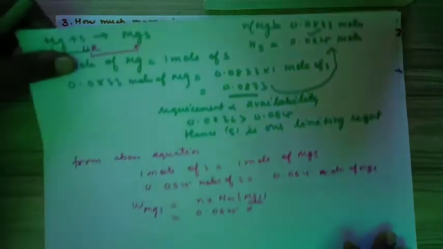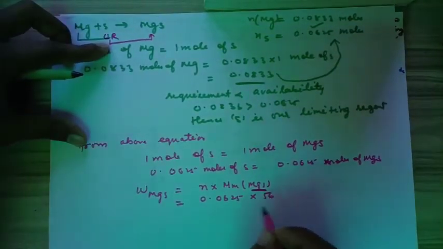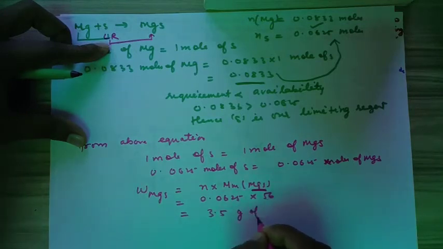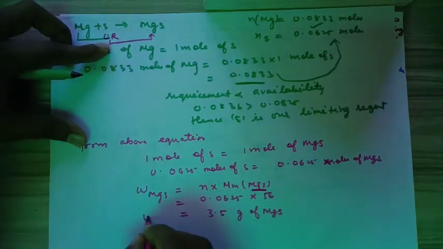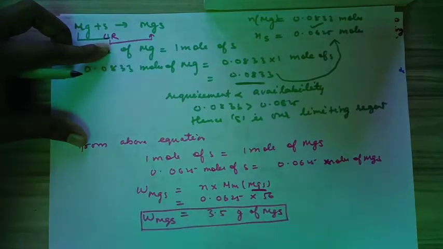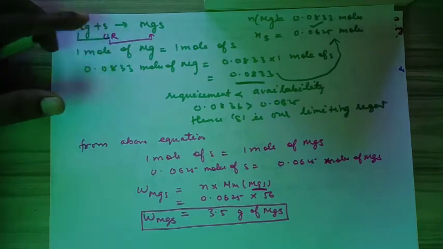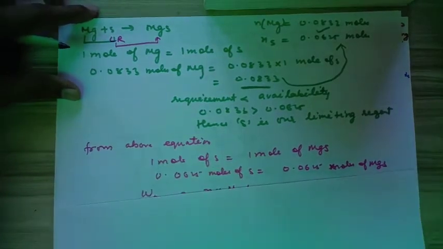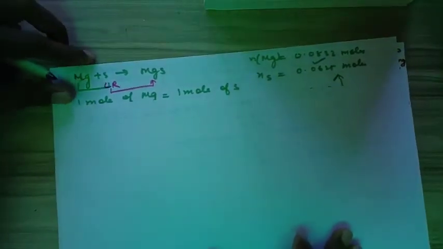So we'll multiply it by 56 and we'll obtain 3.5 gram of MgS. So this amount of MgS is obtained. Now one part is left. We have to find which part is in excess and by how much. Now let's deal with that.